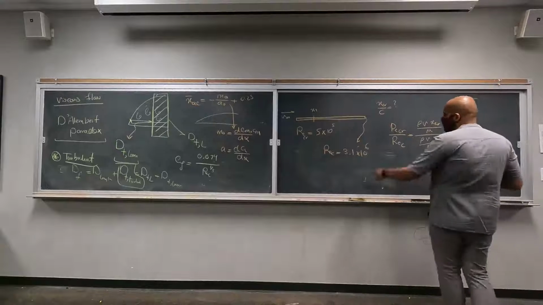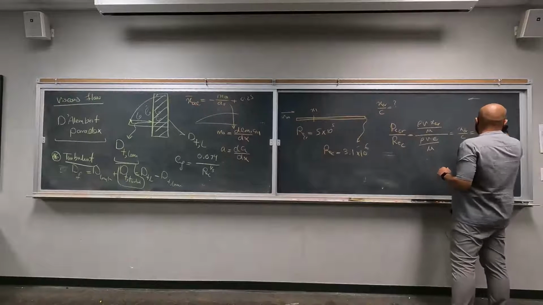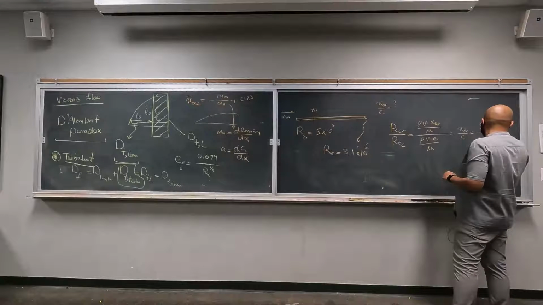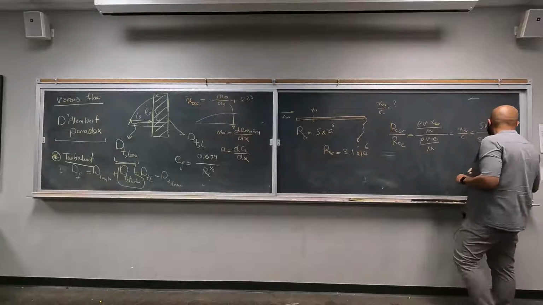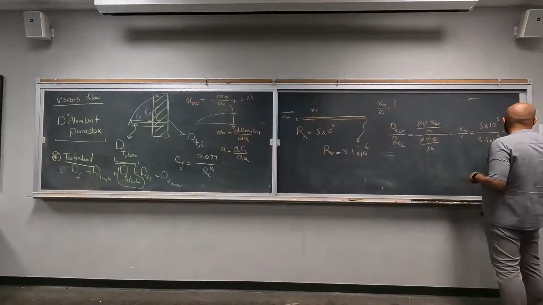Okay, so what is this value? 5 times 10 to the power 5 divided by 3.1 times 10 to the power 6. Five divided by 31. Can you calculate this for me? Let's see if we have it here. We actually have it here.